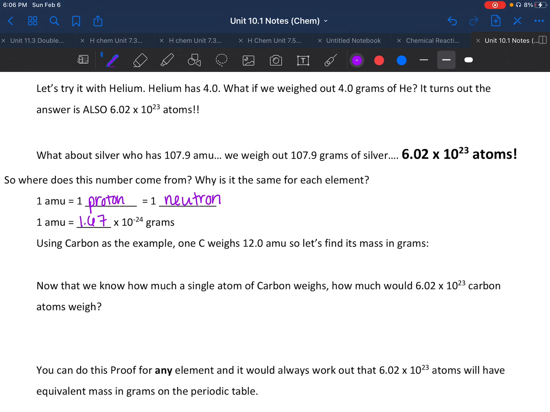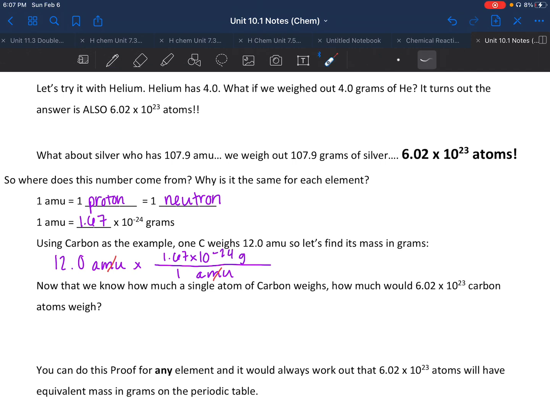All right, so let's use carbon. If we know carbon weighs 12 atomic mass units, what we're going to do is a conversion from AMU to grams. For every one atomic mass unit, we put that on the bottom so that it cancels. That weighs 1.67 times 10 to the negative 24th grams.